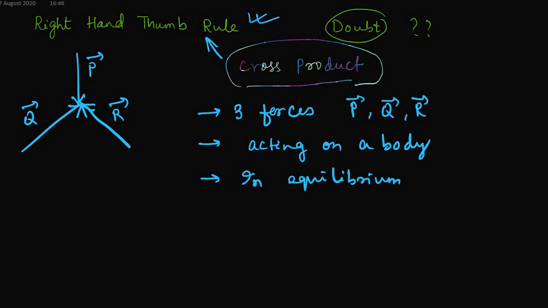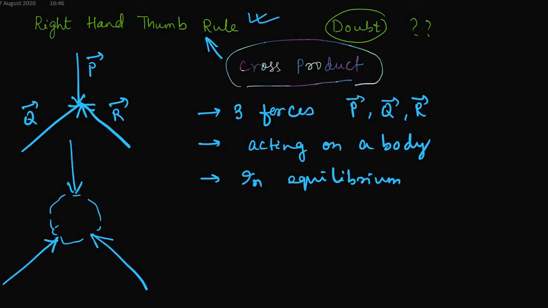What is that? Now if I have three forces P, Q, R acting on a body and they are keeping it in equilibrium, how does the picture look? Think that there is an object like this. It may be a circular one, a rectangular one, depending upon the circumstances, and there are three forces acting on it, but they are acting on it, not away from it, not like the right hand thumb rule.